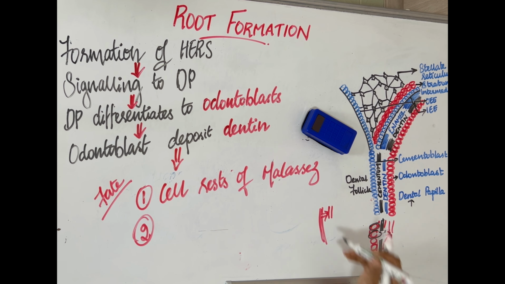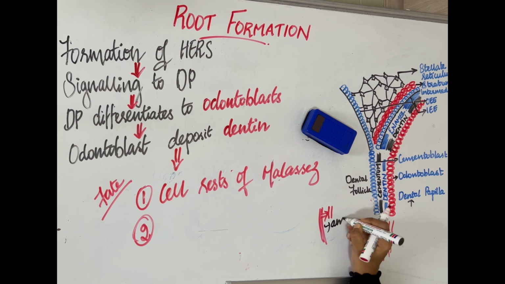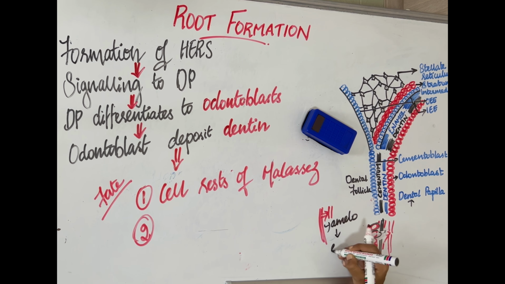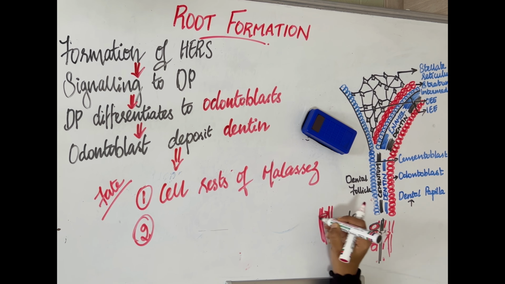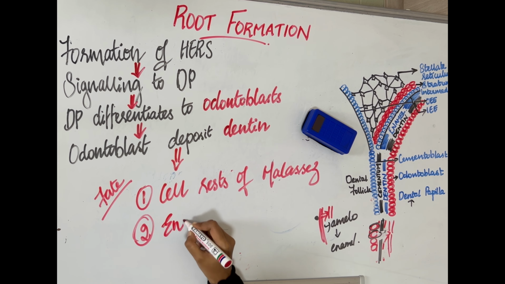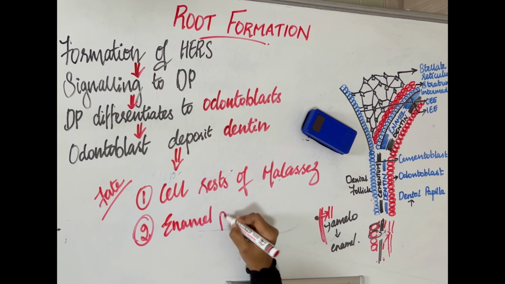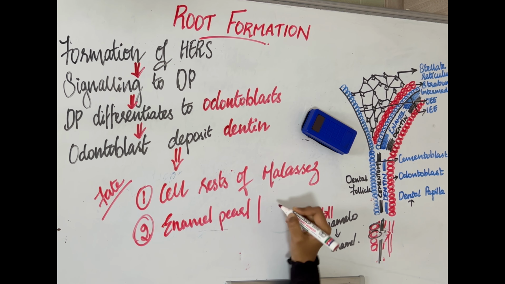So as they remain for a long time, they will form ameloblasts, and there will be formation of enamel at this portion that will remain adherent to the root. That is called enamel pearl or enamel droplets.